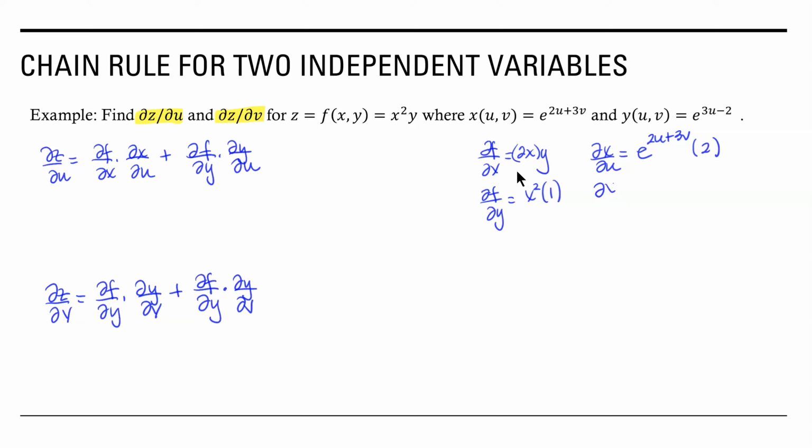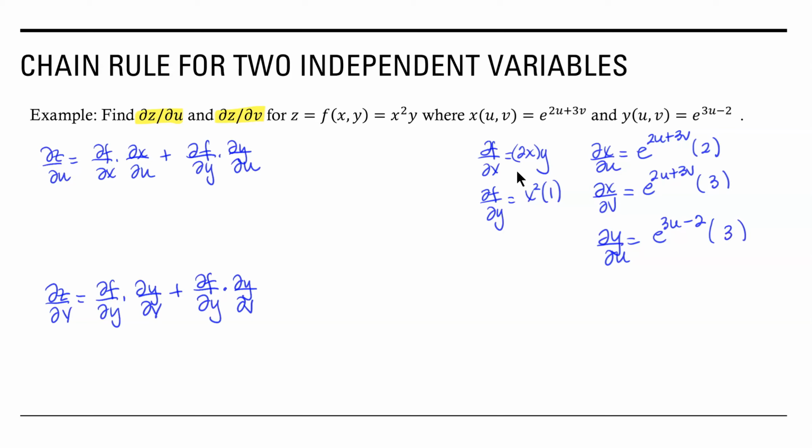Then I have my partial of x with respect to v. Again, that's going to be e to the 2u plus 3v. And then taking the partial of my exponent with respect to v, I get 3. For y, the partial of y with respect to u, I get e to the 3u minus 2v times the partial derivative with respect to u in my exponent.